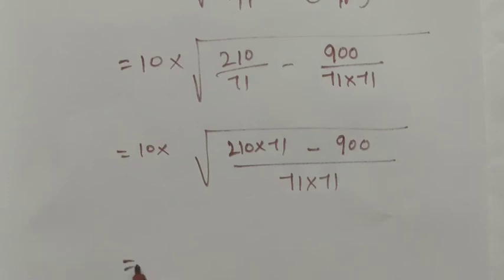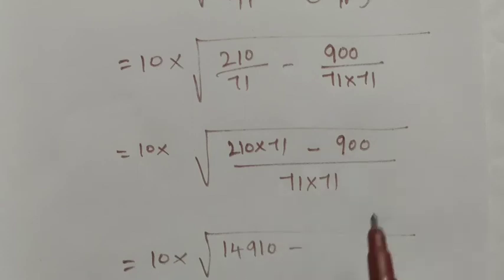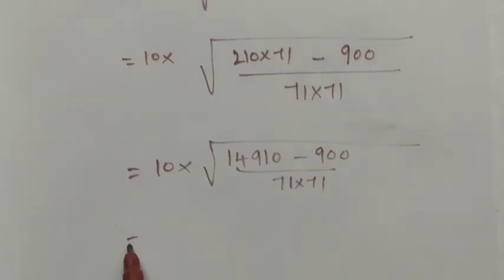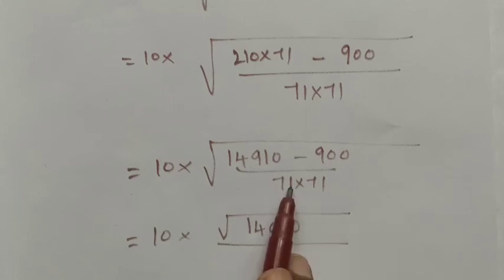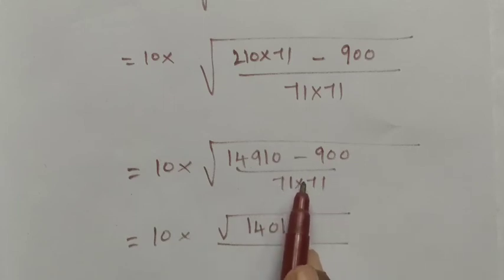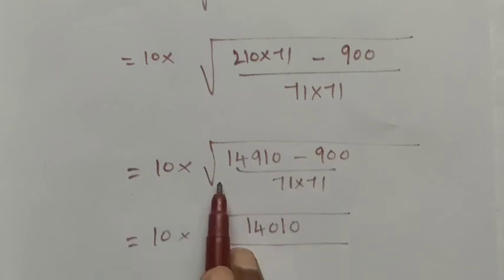So this term is equal to 10 into root of 14910 minus 900 divided by 71 into 71. Next step, I subtract this: 10 into root of 14010 divided by 71 into 71. I take the 71 into 71 outside the square root.